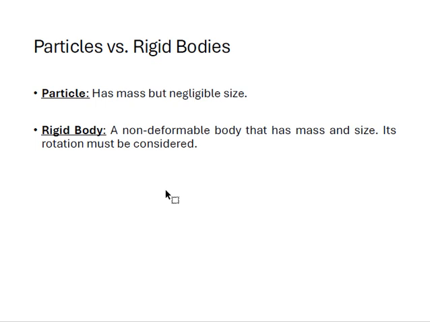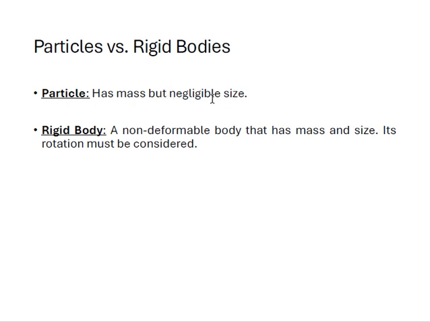Alright, now, since we are dealing with two major objects, a particle and a rigid body, we need to know the difference between them. When you think of a particle, it has mass. And like I said before, a particle is very small, so we don't have to worry about its size.